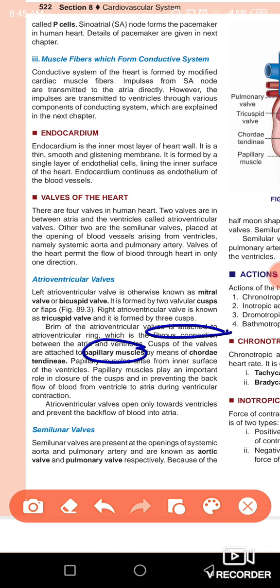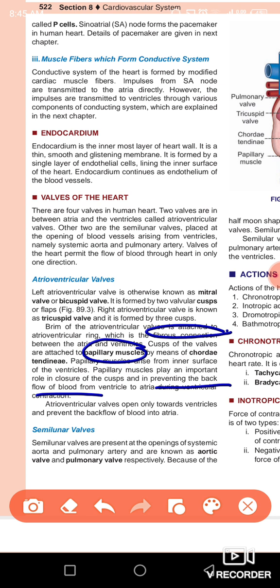The chordae tendineae pull up these flaps and open the valve, and then by relaxation these valves close.